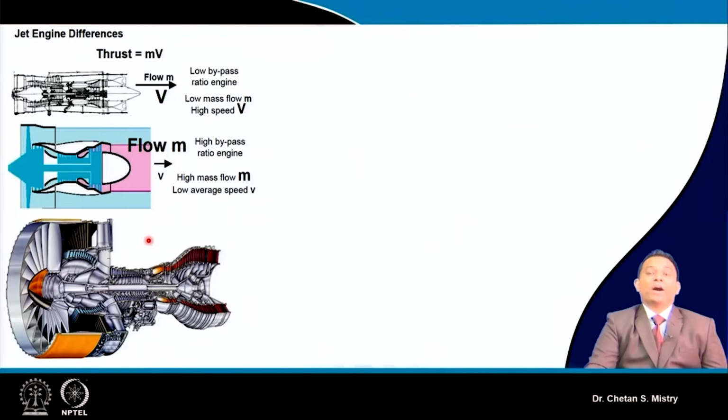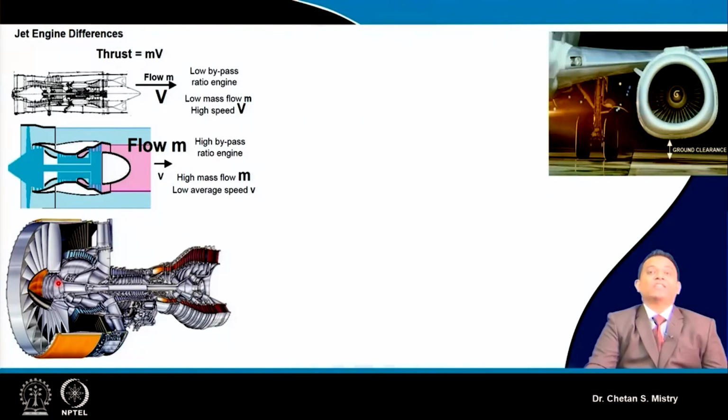Since we are getting 70% of the thrust from the fan, the idea comes: let's increase the diameter of this fan. But if we increase the diameter of our fan, there may be chances that the ground clearance will be very low.